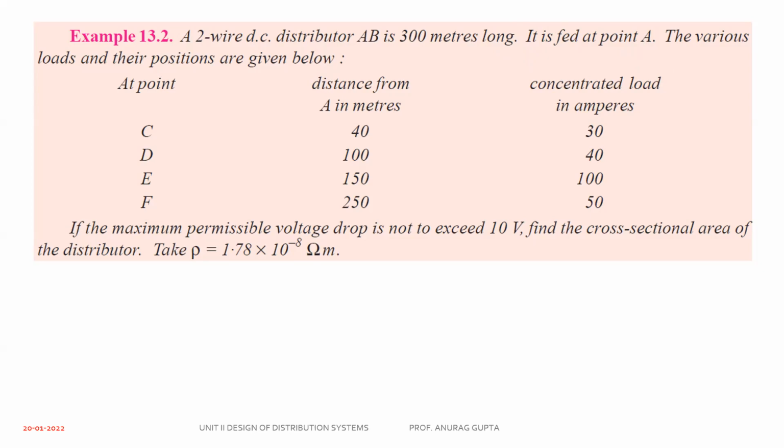Whenever such questions appear in the exam, you must first find which type of distribution is given: one-sided or both-sided. Second, you have to find whether it is DC or AC.